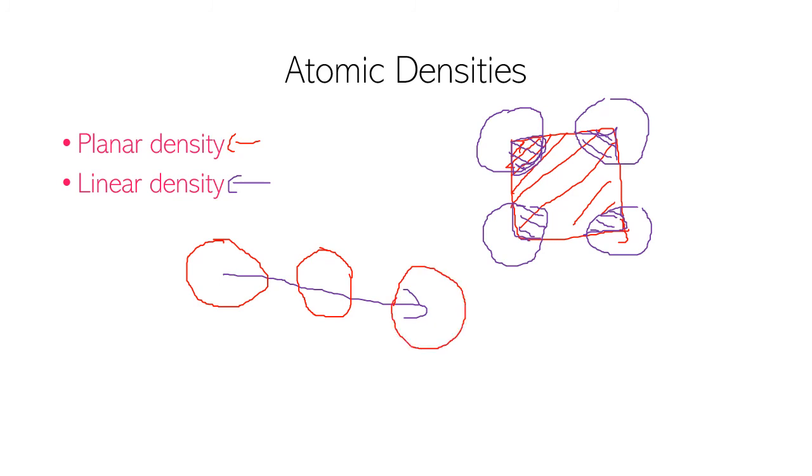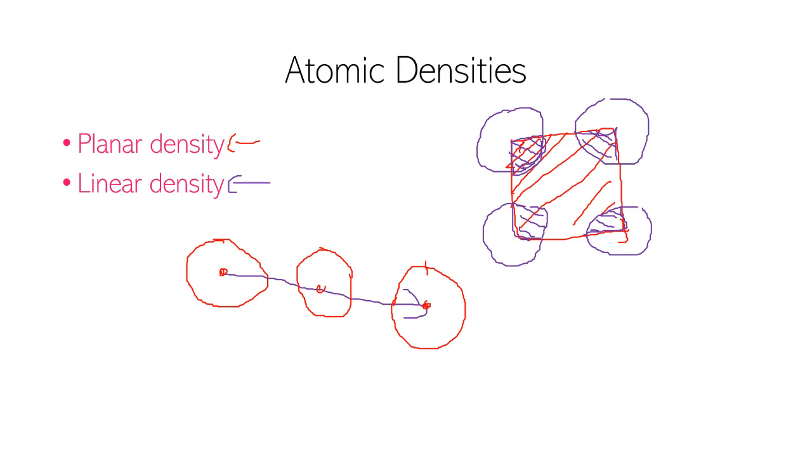Again, we look at through how many atom centers this direction passes through or intersects. This is the first center, this is the second center, this is the third center. If the direction passes through or touches the center of an atom, that atom is considered to be on that direction. Once we are sure of how many atoms are on that particular direction, we can find out the linear density.